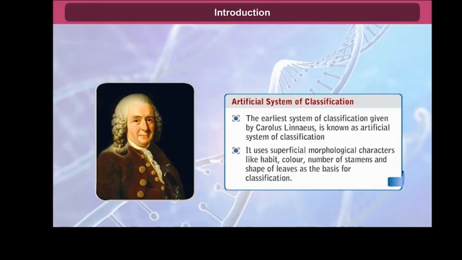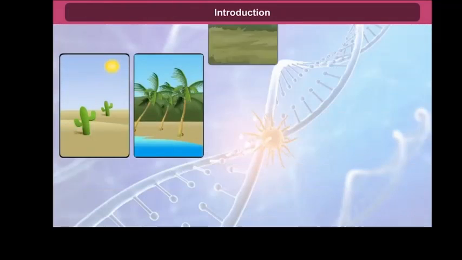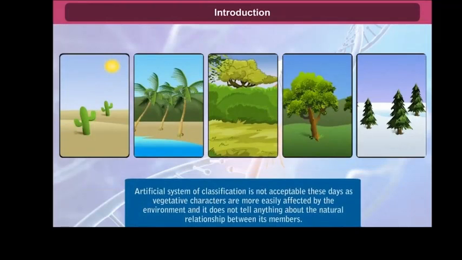It uses superficial morphological characters like habit, color, number of stamens, and shape of leaves as the basis for classification. Artificial system of classification is not acceptable these days, as vegetative characters are more easily affected by the environment, and it does not tell anything about the natural relationship between its members.